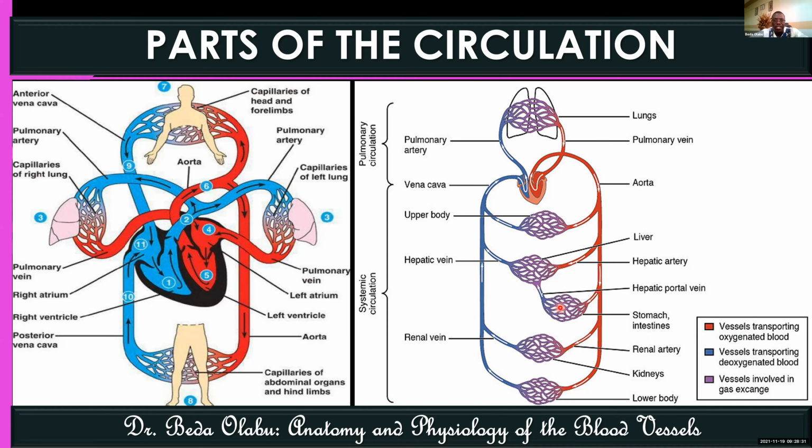The other portal system exists between the hypothalamus and the pituitary gland, where blood vessels go to the hypothalamus. There's a capillary bed there. Then there's a vascular connection between the hypothalamus and the pituitary gland. Then in the pituitary gland, there's another capillary bed.